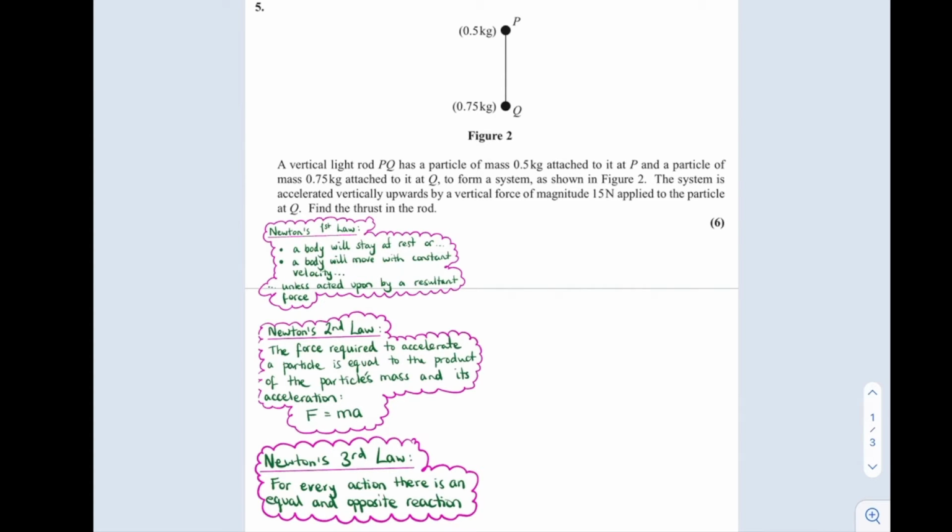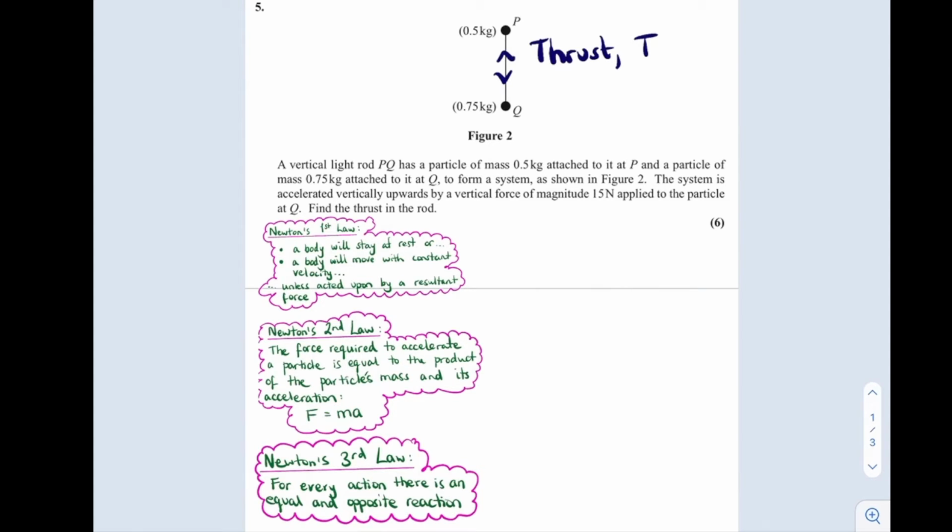So if we have Q, say, thrusting, sort of like passing the force through the connection, let's call that thrust, I'm going to label that as T, then because of this connection, we will have the same force, which is equal and opposite in magnitude, so that will also be T.